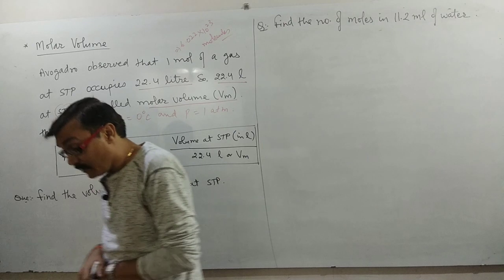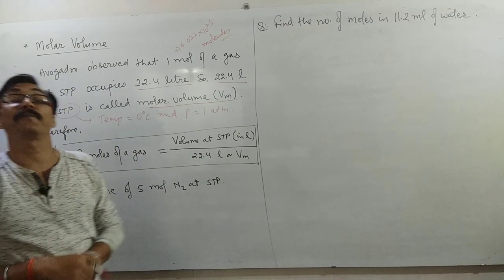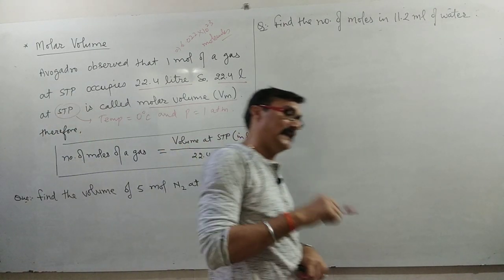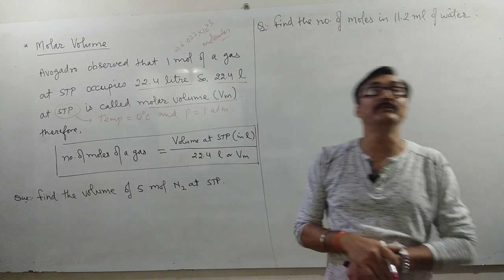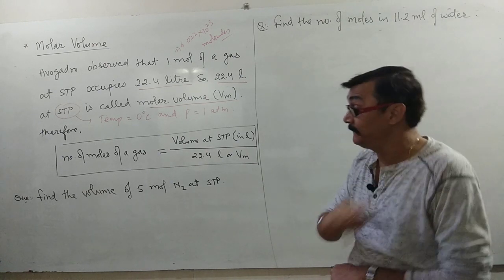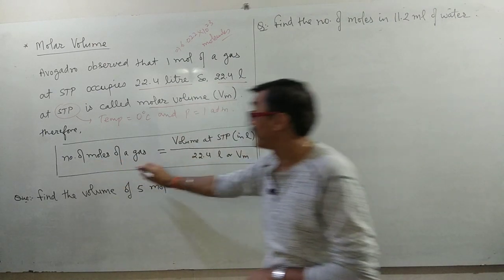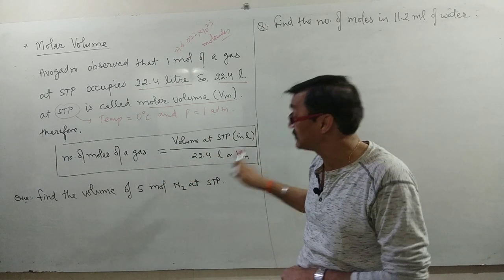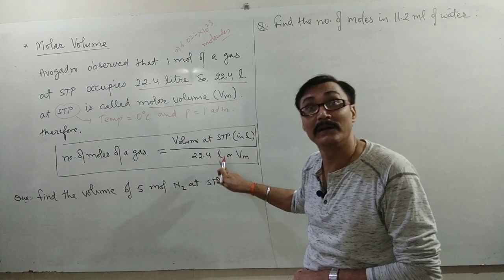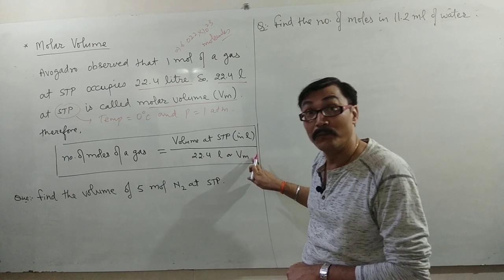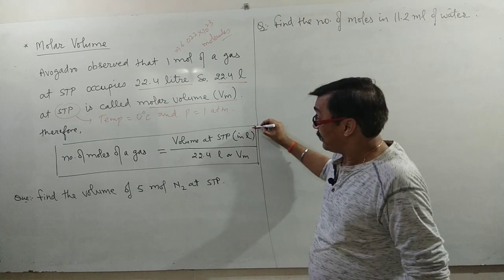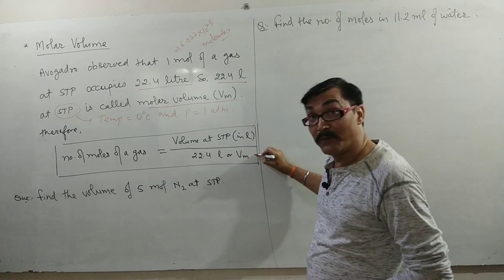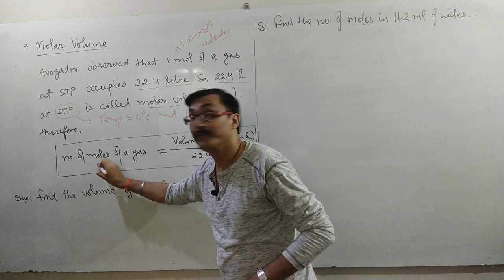If we have to find the number of moles of a gas in its V liter of volume at STP, then the number of moles of a gas is equal to its volume at STP in liters divided by 22.4 liter, that is the volume of 1 mole. Volume divided by volume of 1 mole will give the number of moles.